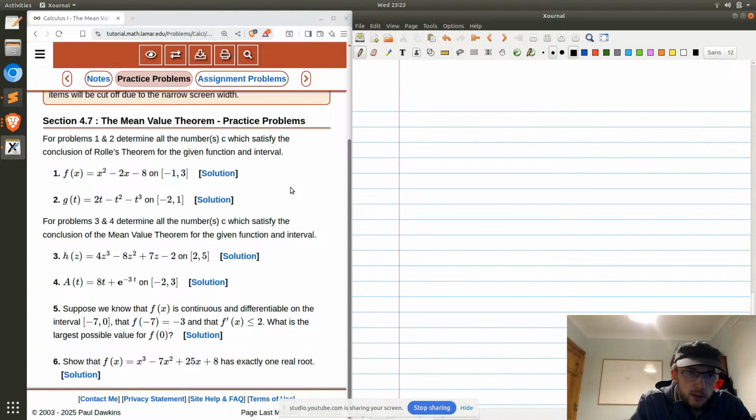Problems 3 and 4: determine all the numbers C which satisfy the conclusion of the mean value theorem for the given function and interval. Very well. First, I'll compute h of 2. I haven't done it yet.